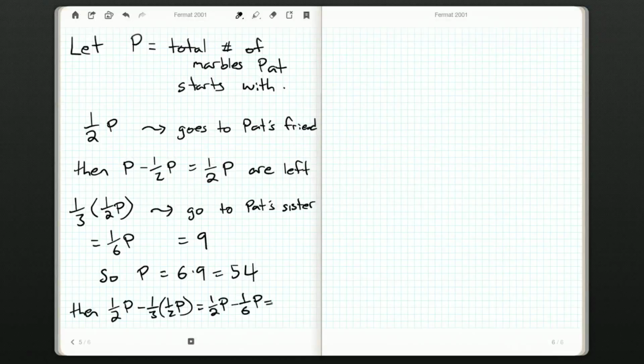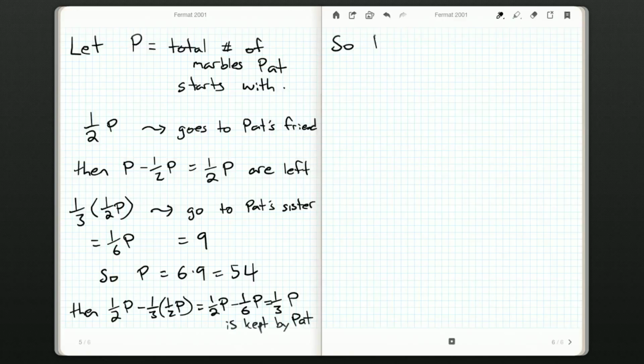So half minus a sixth is going to be a third. P is kept by Pat. So Pat has 1/3 P. We know what P is.